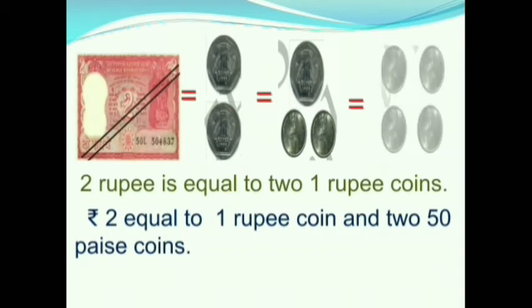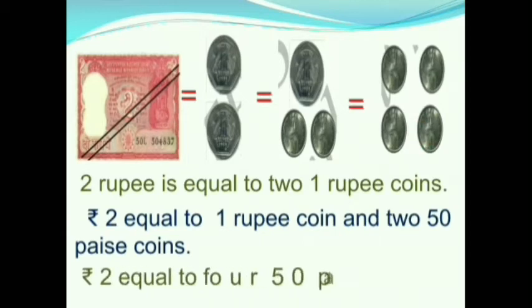Next we have four 50 paise coins. What cost will we get when we add these four? 50 paise plus 50 paise plus 50 paise plus 50 paise is equal to 2 rupee. 2 rupee is equal to four 50 paise coins.